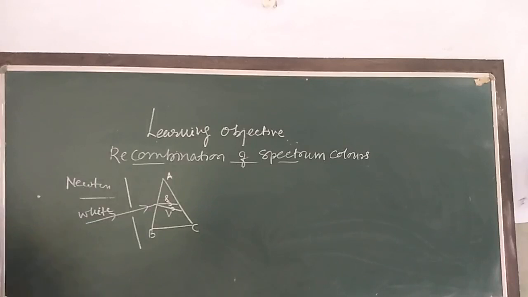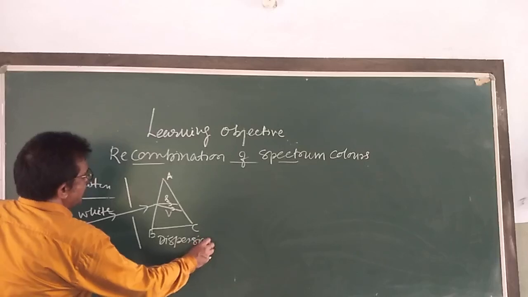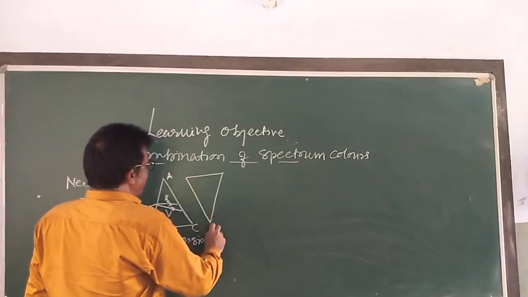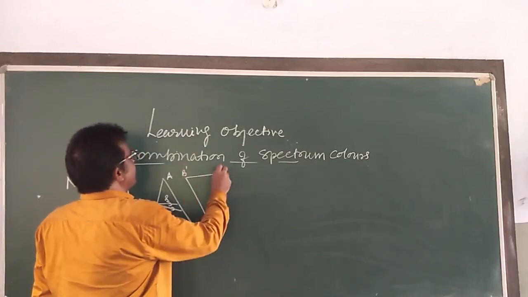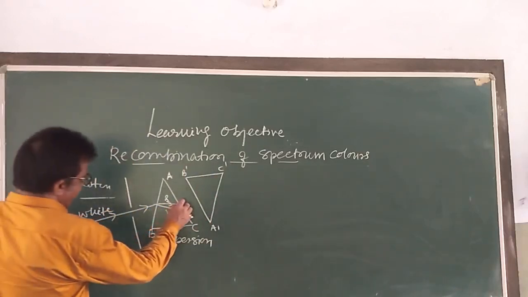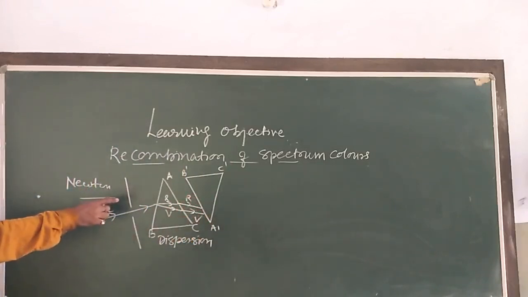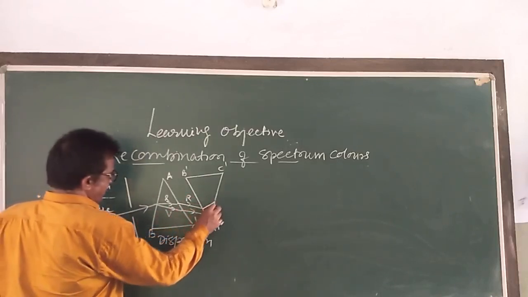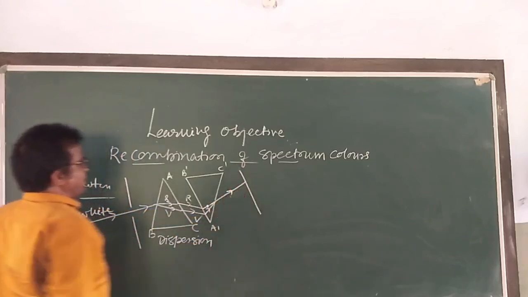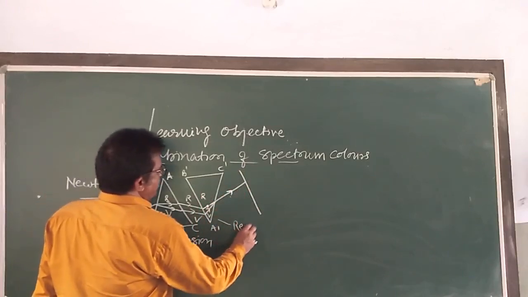Then we take an inverted prism here, where the dispersion is going on, and another prism, A dash, B dash and C dash, put like this. These rays are coming here, red color, violet color, from here to there, then they recombine, and we are getting an image on this screen. Here is a red color, here is a violet color, here is called a recombination.